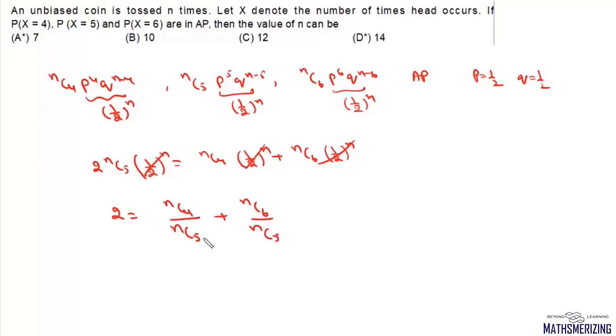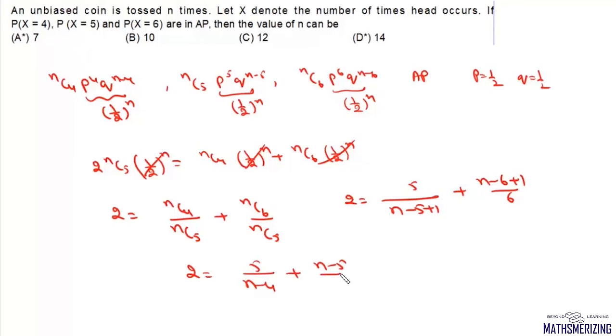Now n is the same, r differs by 1, so we can write this as (n minus r plus 1) upon r, and here also it will be (n minus r plus 1) upon r. So it will be 2 equals 5 upon (n minus 4) plus (n minus 5) by 6. Now if we simplify this, we can write 12n minus 48 equals 30 plus n square minus 9n plus 20.